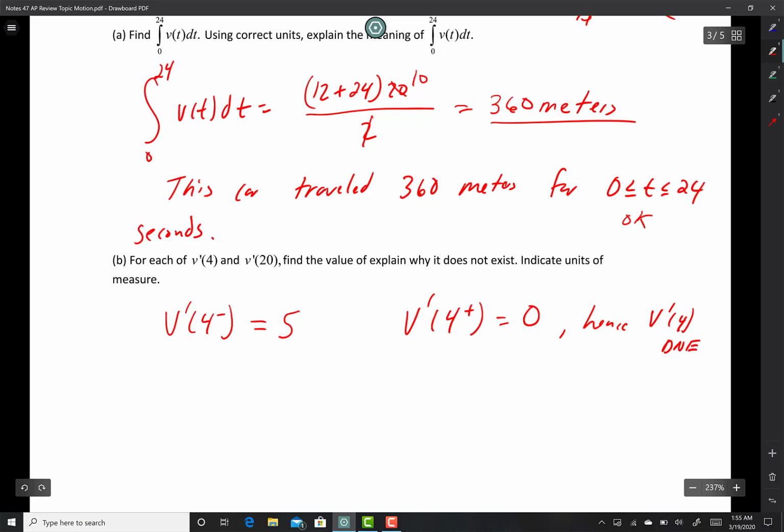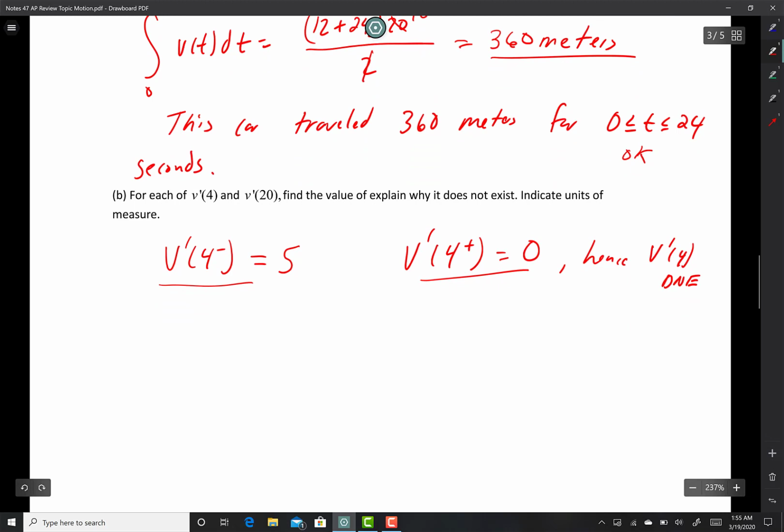This is probably not enough. I don't think that's enough, guys. So you're probably going to have to say something like, limit as x approaches 4 from the left-hand side of, okay, I wouldn't do it like that.